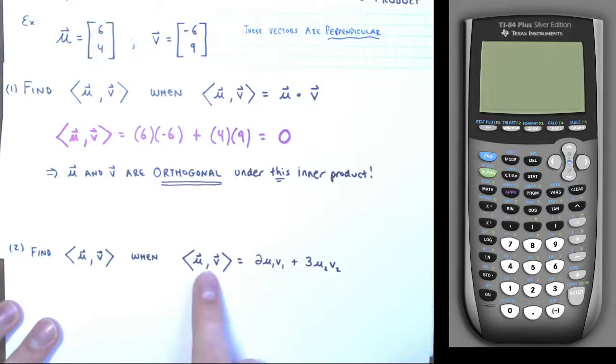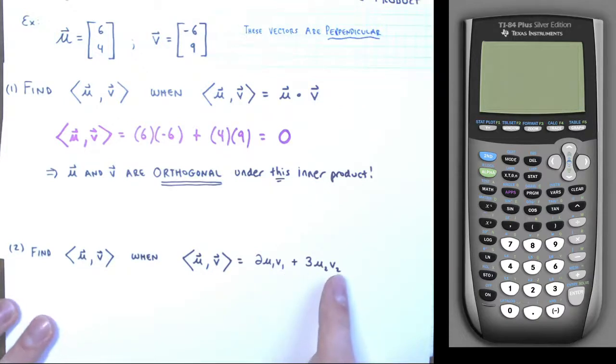The inner product of u and v is twice the product of their first components plus 3 times the product of their second components. This is one of those weighted Euclidean products, where it looks similar to the dot product, but the coefficients are other positive numbers besides 1 all the time.